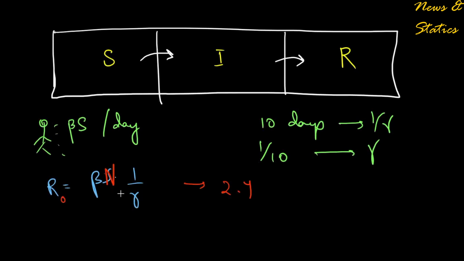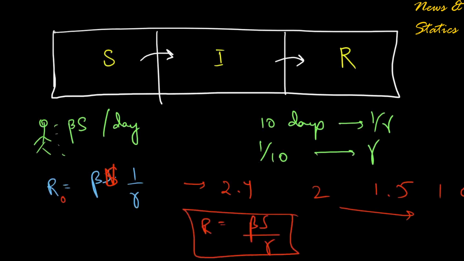So we have this value of R naught, and then as time progresses, this N value is no longer N, it becomes S, and the S value keeps on decreasing, and so the R value also keeps on decreasing with time. So initially it is 2.4, it becomes 2.3, 2.2, 2.1, 2, 1.5, 1, 0.5, it will keep on decreasing.